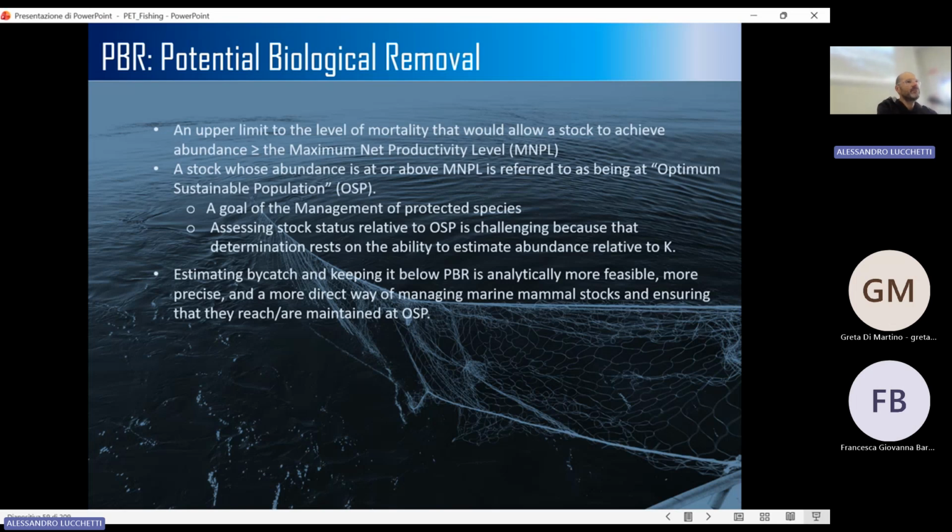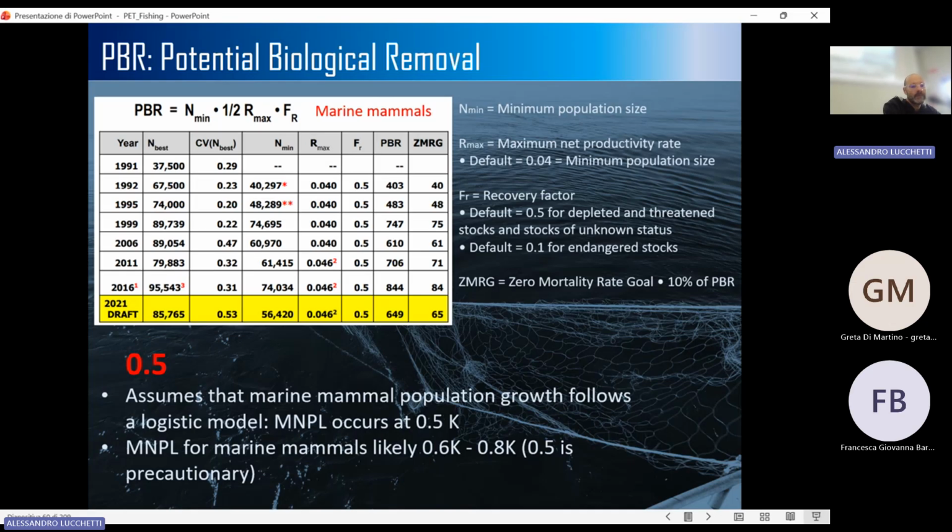Another approach is the PBR, which is the potential biological removal, which is a kind of benchmark for the bycatch of protected species. But this approach entails that you have to know the real population of that specific species at sea, which is a big issue.